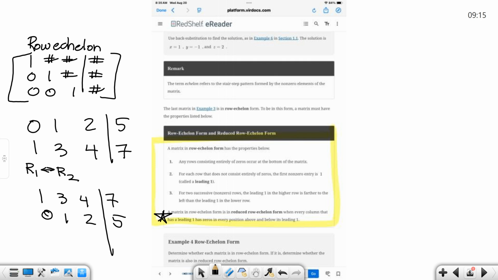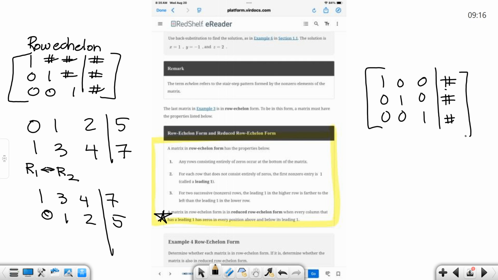If it was reduced row echelon form, the ones would have zeros above and below. And you'll say, well, what's the number sign? The number sign means that can be any digit.